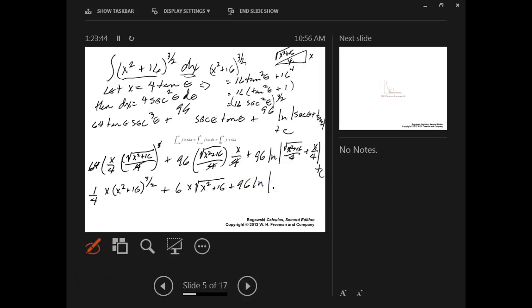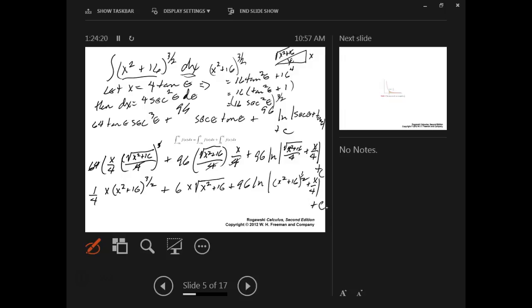Now, they write it as x squared plus 16 to the 1/2. What did they do with their 4, though? I'm not sure on that. The plus x over 4, I've got that. And the plus c I've got. But how did they... They don't have a 4 on any of them.